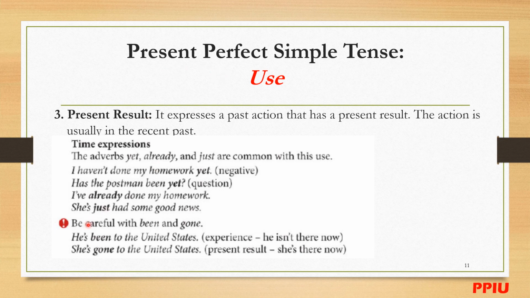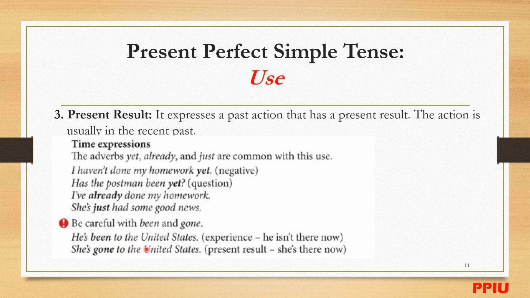Okay, be careful with been and gone. Maybe most of us are confused between been and gone. He's been to the United States. Experience, he isn't there now, meaning he came back, now he's in Cambodia, but he experienced the United States.